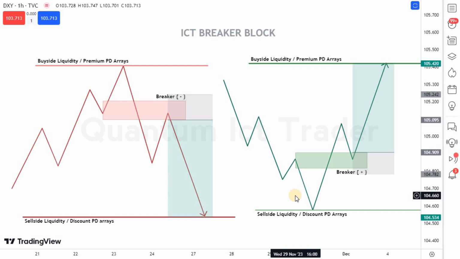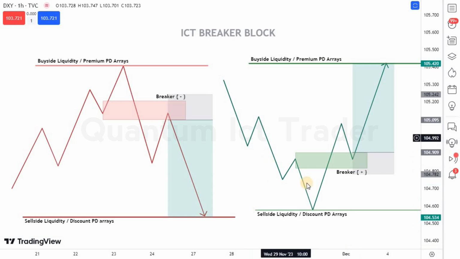The same scenario applies for the ICT bullish breaker block. An ICT bullish breaker block is when price makes a short-term low before taking some sell side liquidity or going to some discount PDRs, and then price breaks the short-term high that formed before price took that sell side liquidity or discount PDRs.